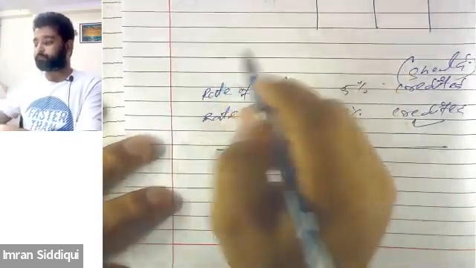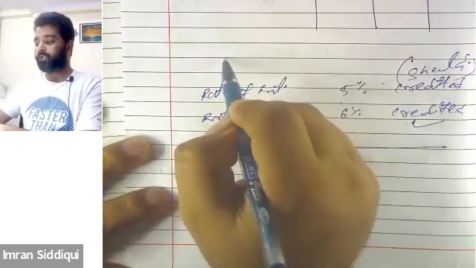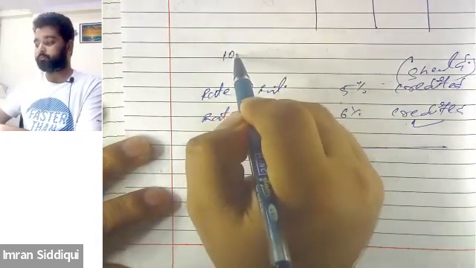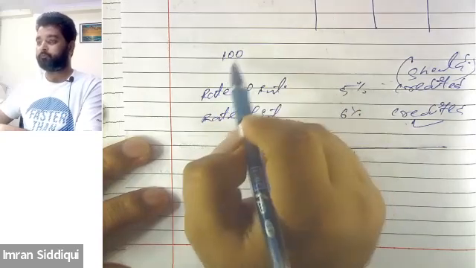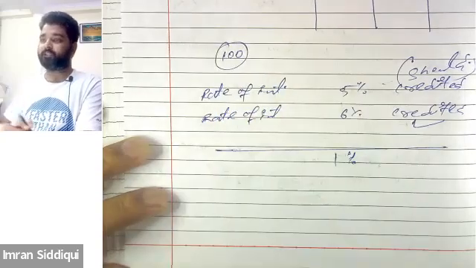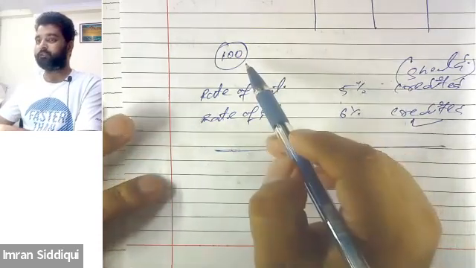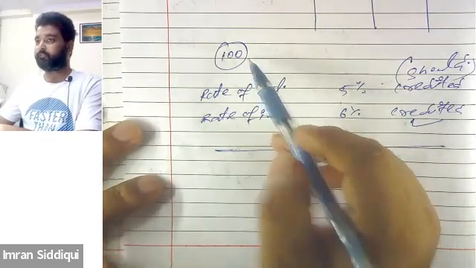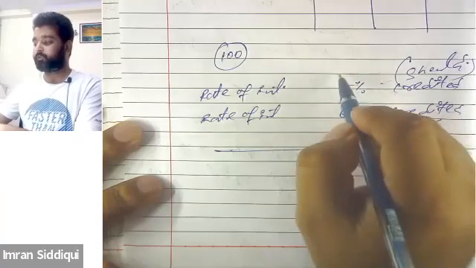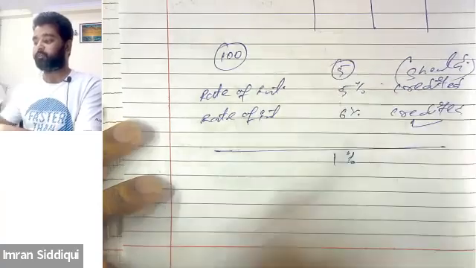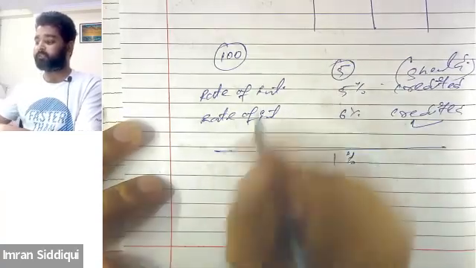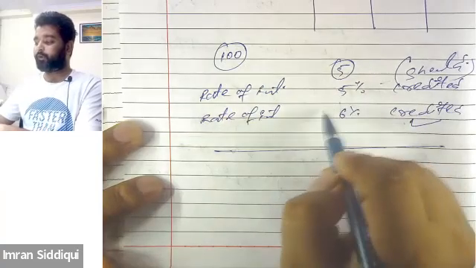Let's suppose the capital amount was 100 rupees and the partner should actually receive 5%. That means he should be credited 5 rupees. But by mistake, we have credited 6 rupees, which means 1 rupee extra in his account.